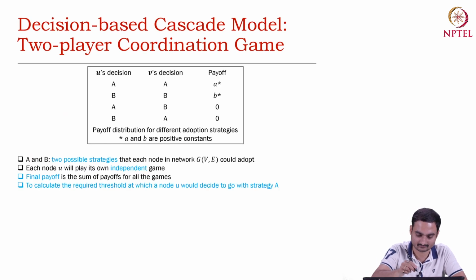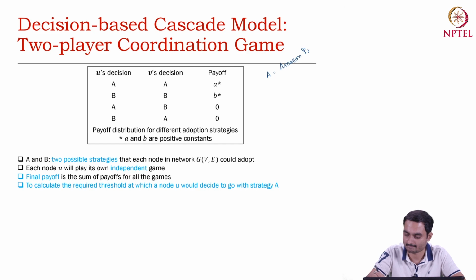Okay. Let's say you have two strategies. Strategy A is subscribing to Amazon Prime. Strategy B is subscribing to Netflix, right?